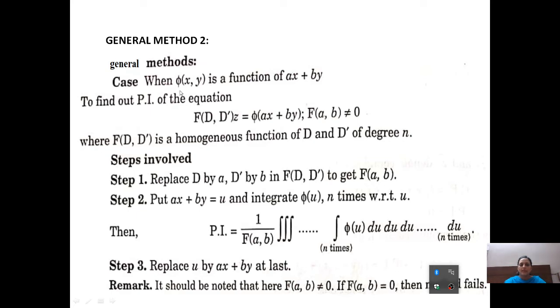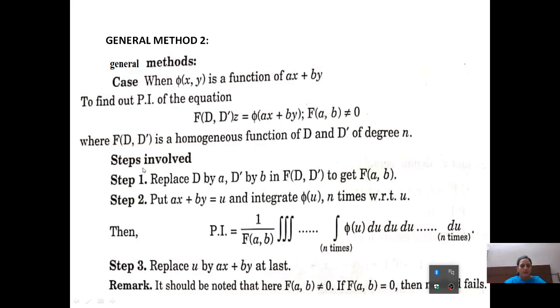The second general method is basically used for a function of this form. It is actually a linear form. We can see it is a linear kind of form. So this general method is basically implemented on this form only. So what is the method actually?